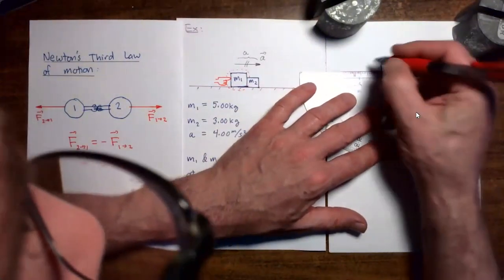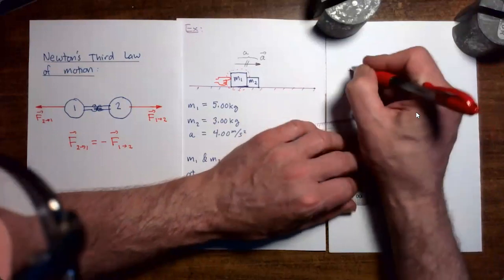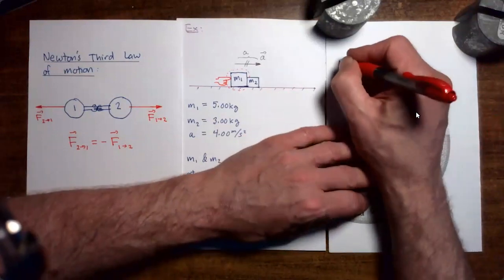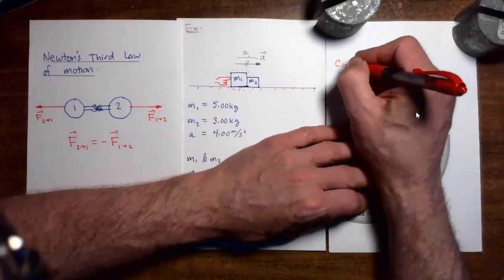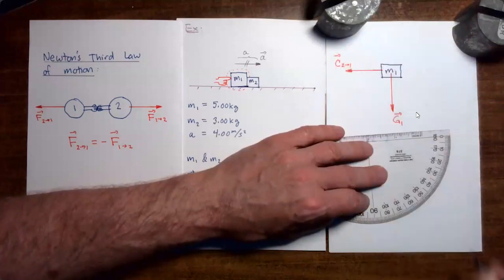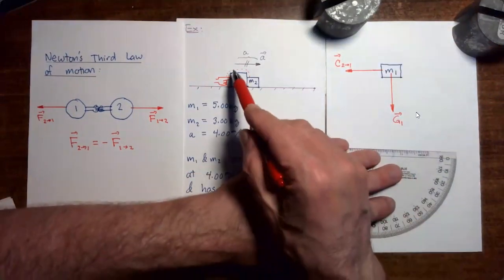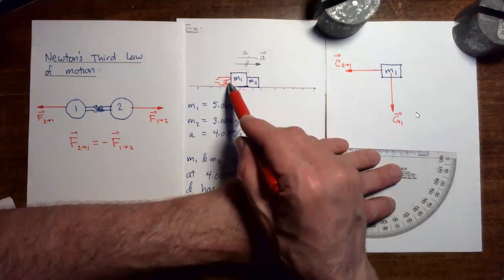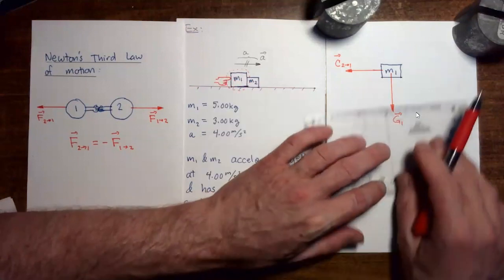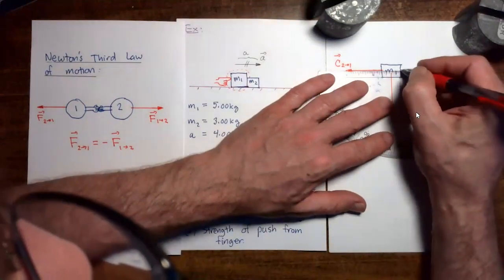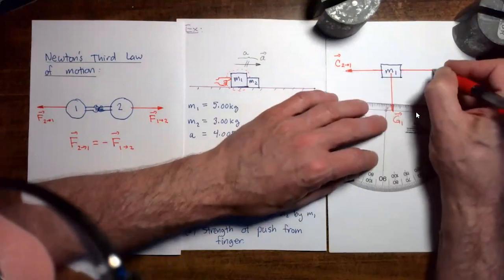So I'm going to call that contact force 2 on 1. As I continue around the dashed line, I can see the finger cutting in through the dashed line. I'm going to call that force exerted by the finger P for push.